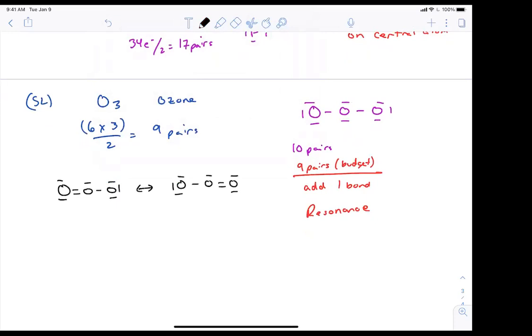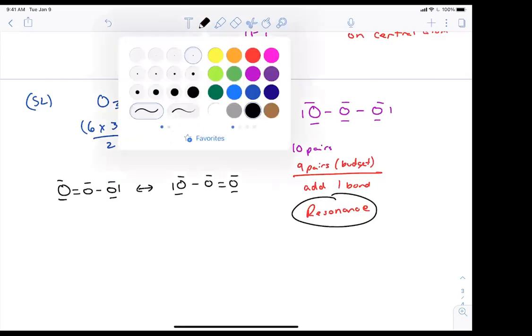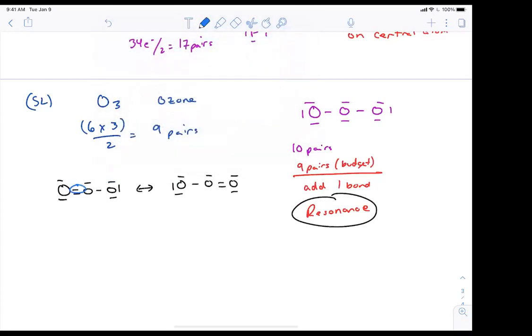So if you have a bond to add, but all the locations look identical and there's no differentiation, then you must have resonance, because it doesn't make sense to assign the bond to only one side, even when both sides are equal. So that's where resonance comes into play. And so this double bond is delocalized across both bonds.